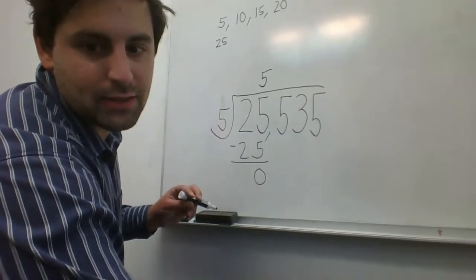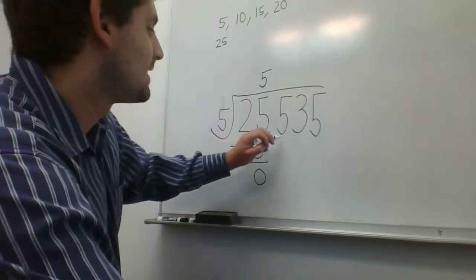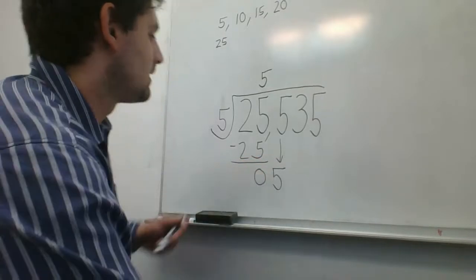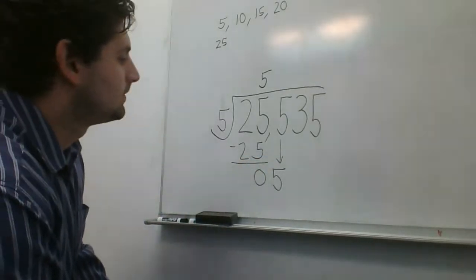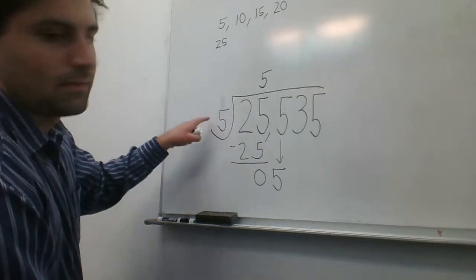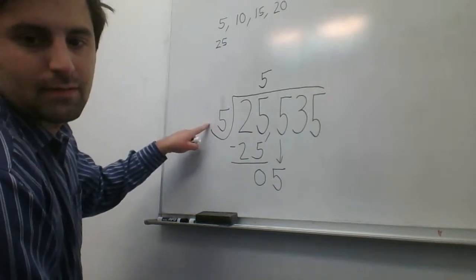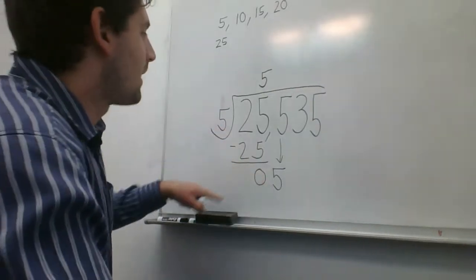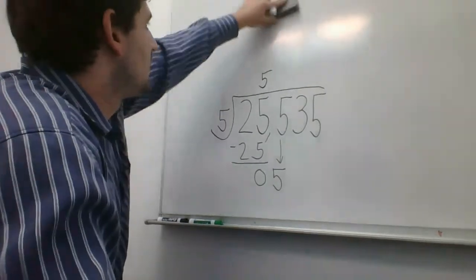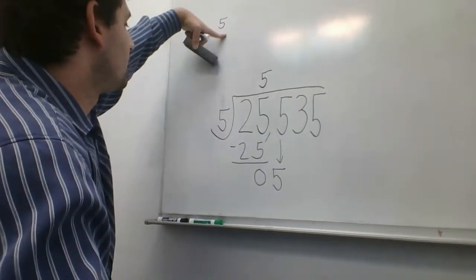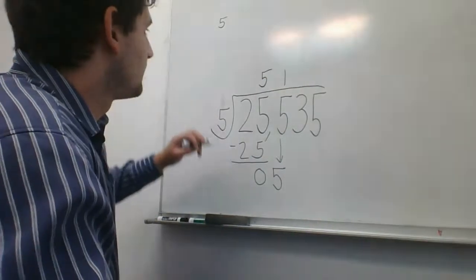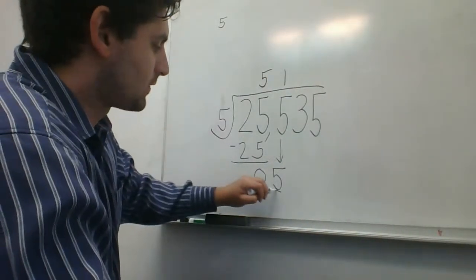Welcome. Shout out to everybody that's from Vietnam. We bring down the 5. 5 divided by 5. If we count by 5s, 5 divided by 5 equals 1. 5 goes into 5 one time. If we do 5 minus 5, we get 0.